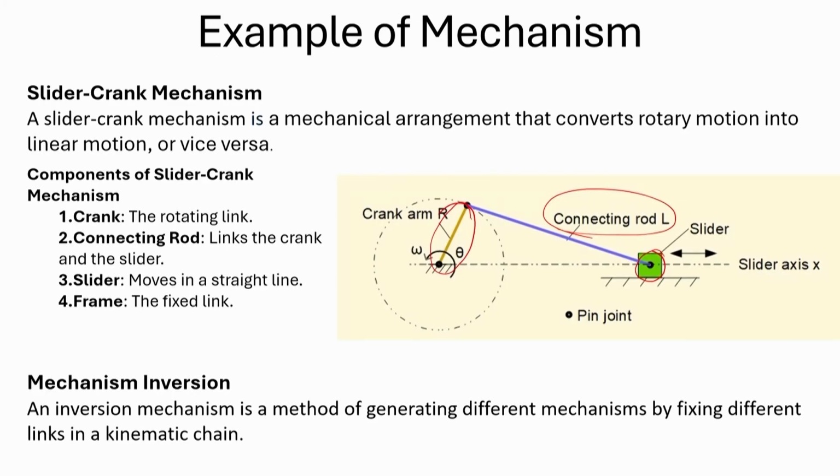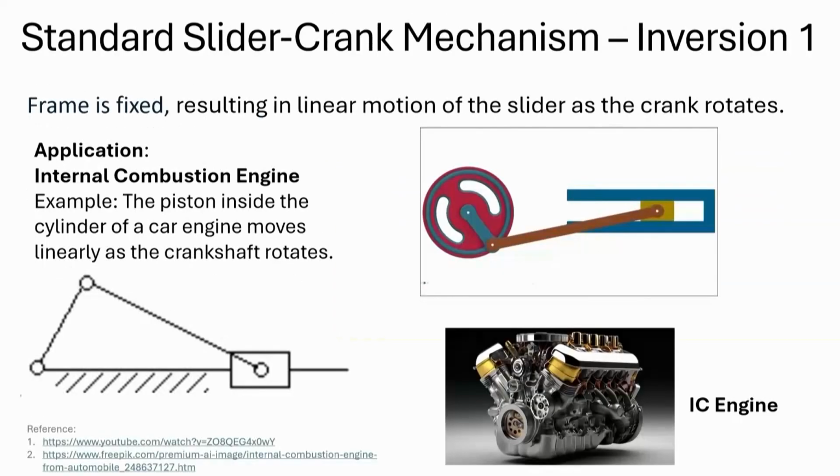Now, even though this is in principle the description of the complete system, I can actually stop the motion of each part of this system, like the crank arm or the connecting rod or the slider, and I can get different types of motions out of this system itself. So, even though it is based on the slider crank, if we take away some more relative motions, we will generate what we call mechanism inversion.